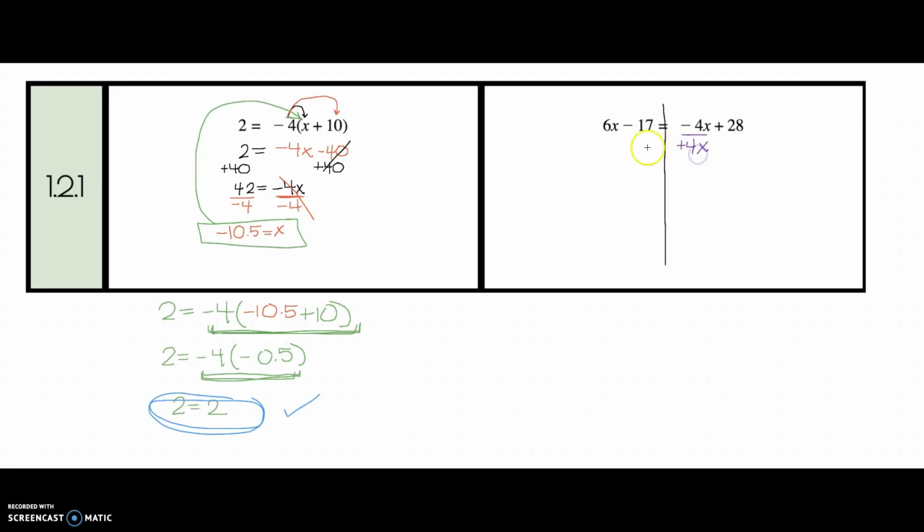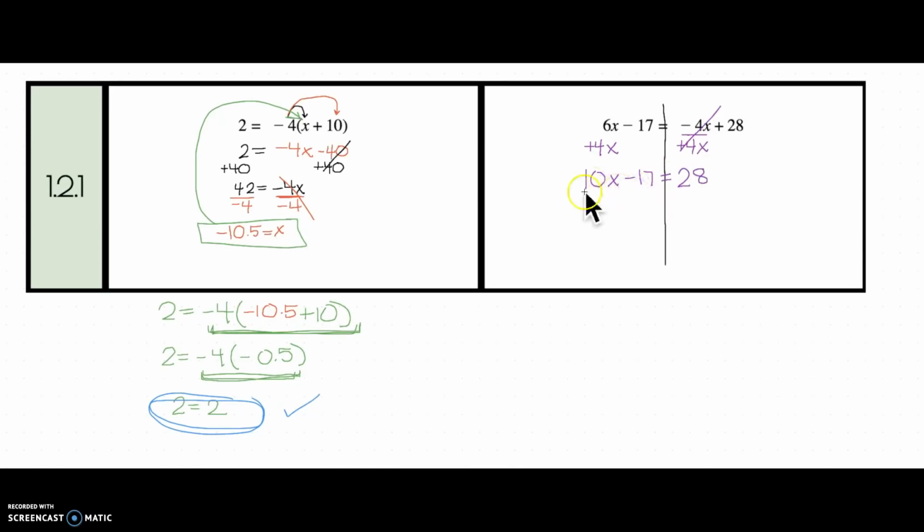If you instinctively have a different first step, like you would rather add 17 to both sides, that is totally fine. This is just my instinct for a first step. So 6 plus 4x gives me 10x. I still have -17 equals, those cancel, and I'm left with 28.